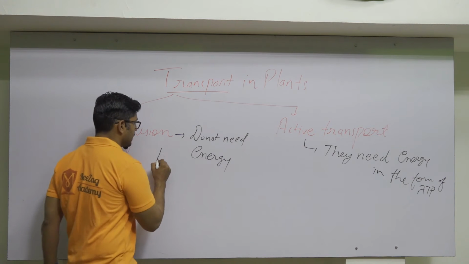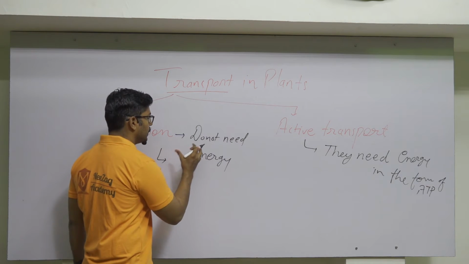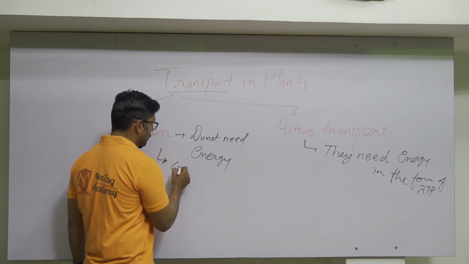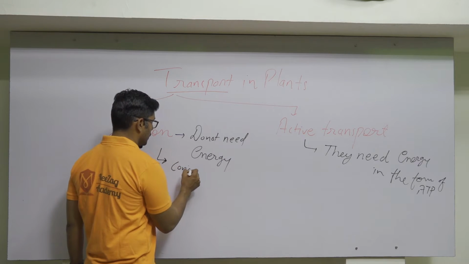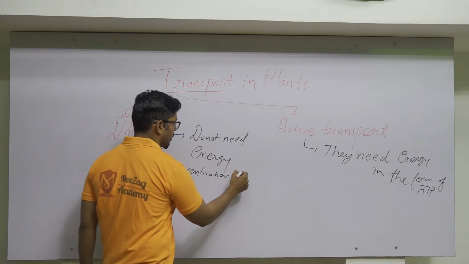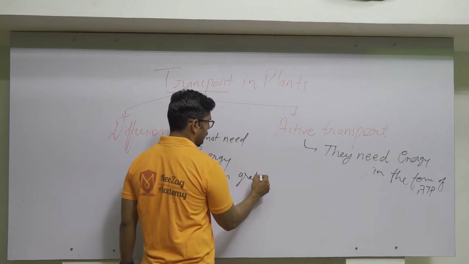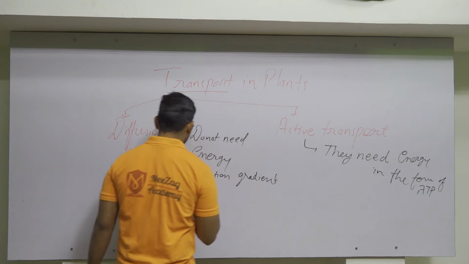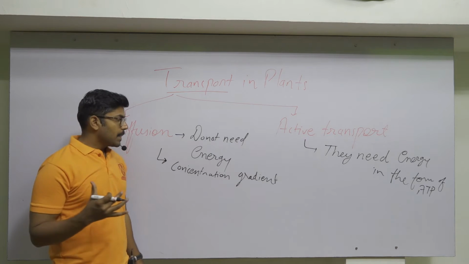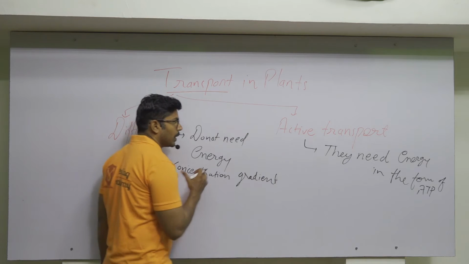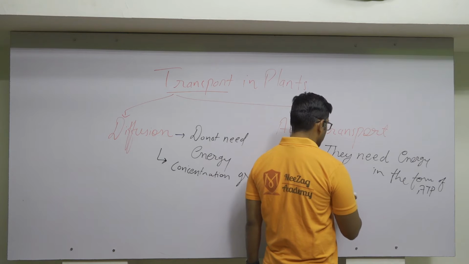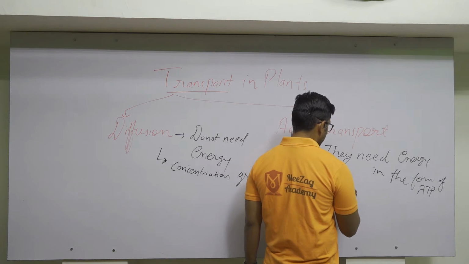Because diffusion will always happen along the concentration gradient, whereas active transport happens against the concentration gradient.